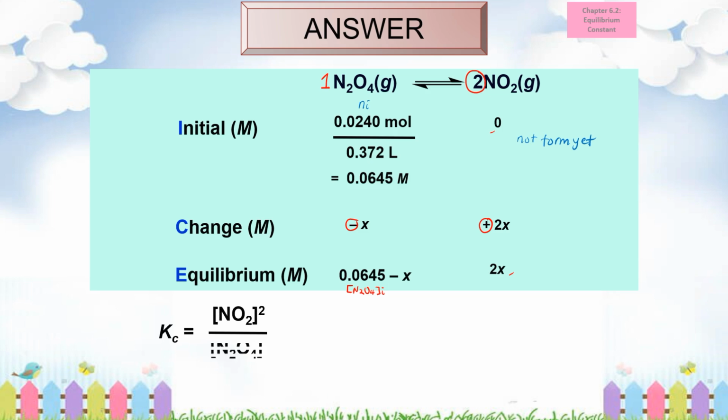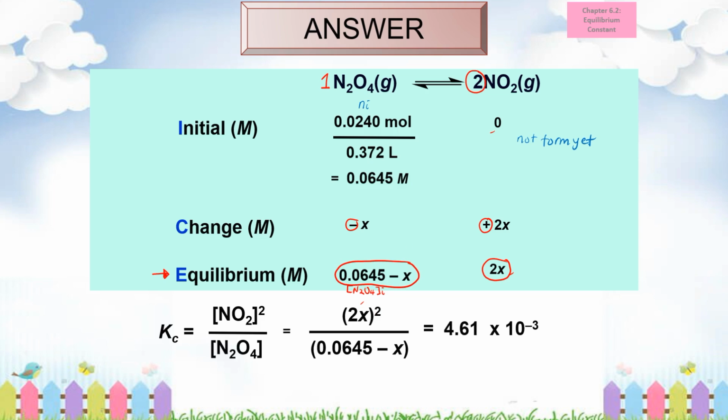Next, write the Kc expression and substitute the values. For NO2, refer to the equilibrium, which is 2X here. Substitute 2X squared. As for the concentration of N2O4, it is 0.0645 minus X, and this is equal to the value of Kc.